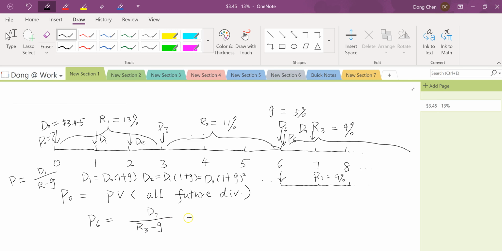So D7, if we go back to this formula, must be equal to D0 times 1 plus G raised to the power of 7, right?